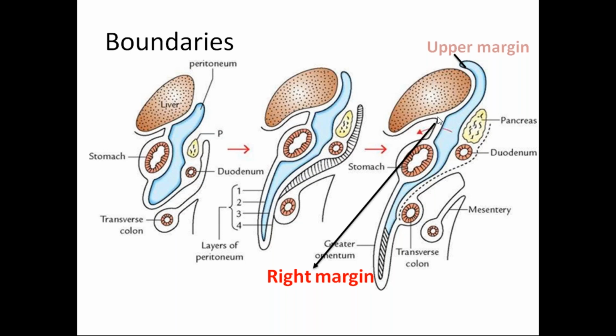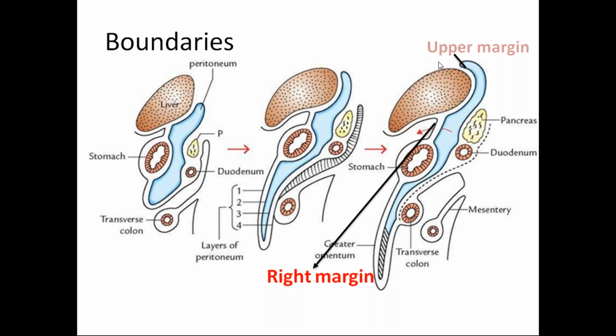So this is the right margin: the epiploic foramen and the peritoneal reflection from diaphragm to caudate lobe. The upper margin is formed by a reflection of peritoneum from diaphragm to the liver.